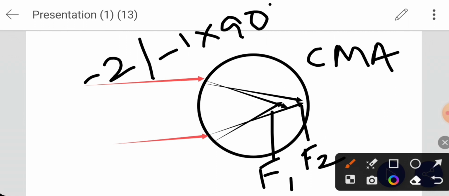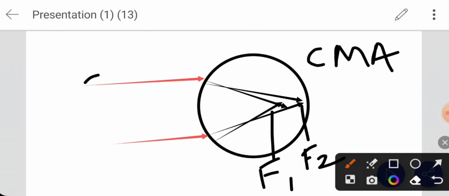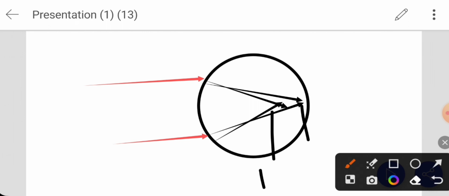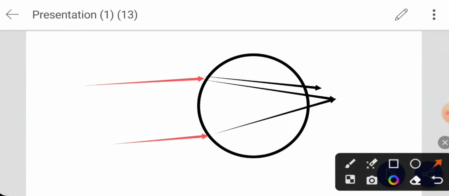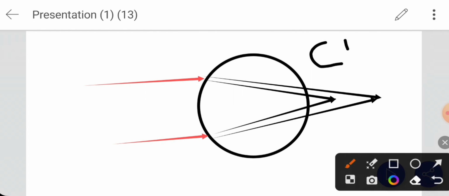Now let's talk about another thing. I have given the example of compound myopic astigmatism. So what will be the condition when one light is focused in this position and another light gets focused behind the retina? It is an example of compound hypermetropic astigmatism.